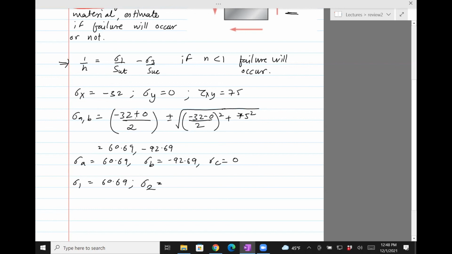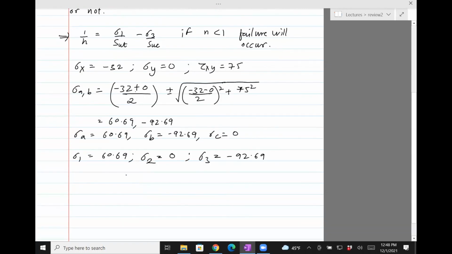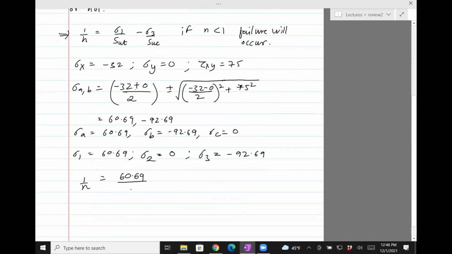So all I need to do now is use the equation 1 divided by n equals sigma 1, 60.69 divided by SUT, which is 80, minus minus 92.69 divided by 200. Okay, when you crunch the numbers, it comes out to be 1.22. But remember, that is 1 divided by n.